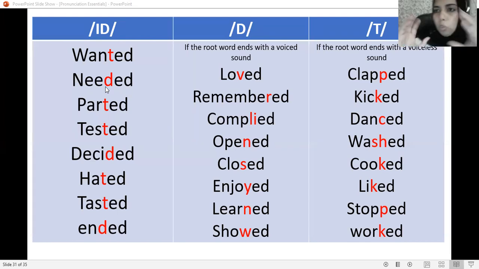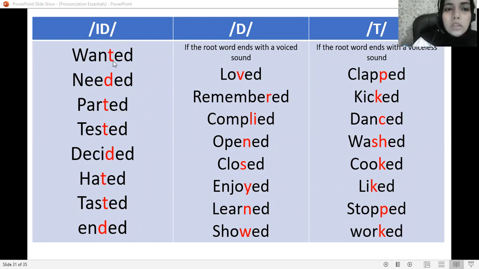So if the root word, the main verb, ends with the T sound or D sound, and we have ed after it, it is pronounced as id. For more clarification, want ends with a T sound, so when we have it in the past, we say wanted, needed.